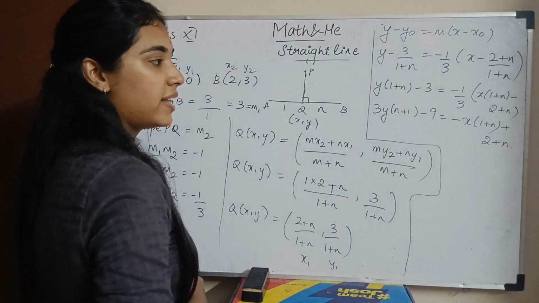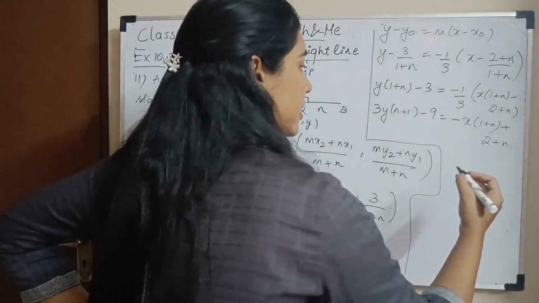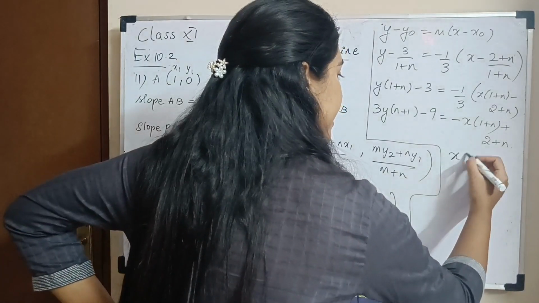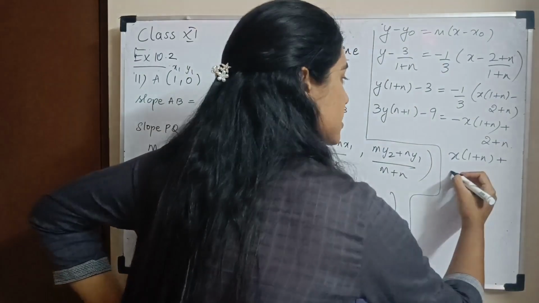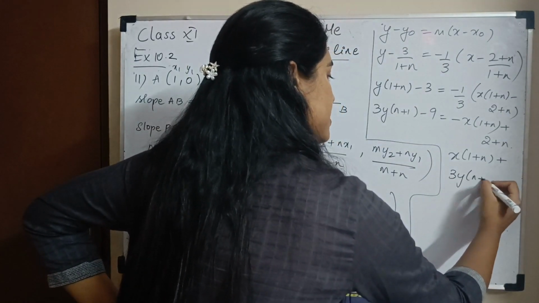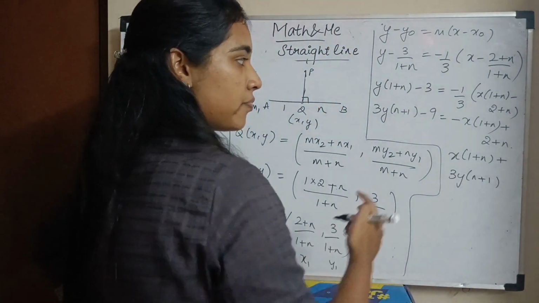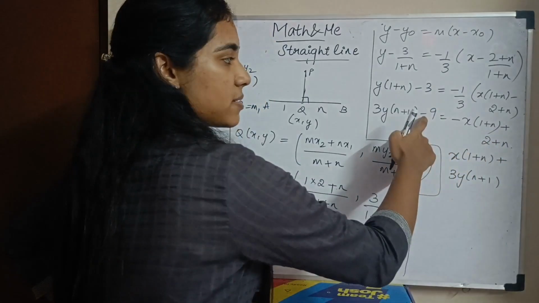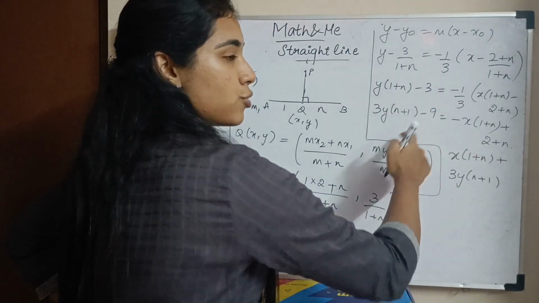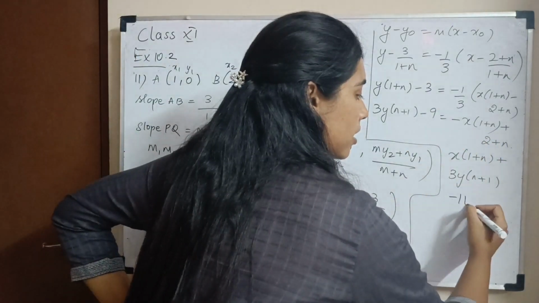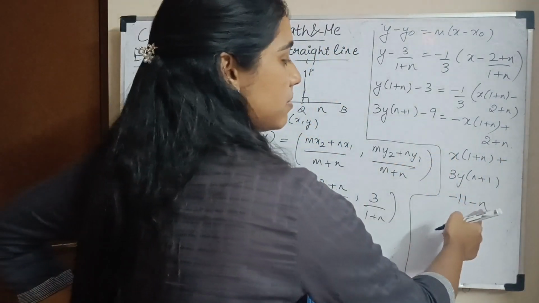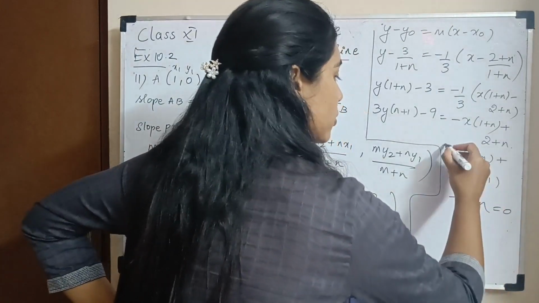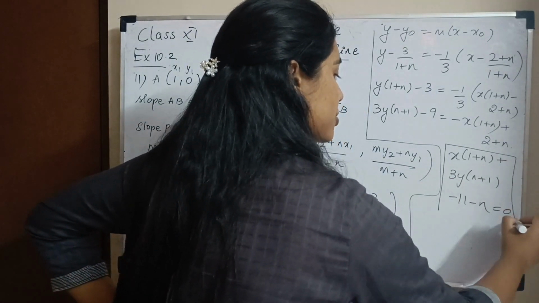Okay, now bringing the x to one side, my final equation would be x times (1 plus n) plus 3y times (n plus 1) minus 9 minus 2 is minus 11, minus n. I'm bringing the n to the left hand side. So I have minus 11 minus n equals 0. So this is my final equation.